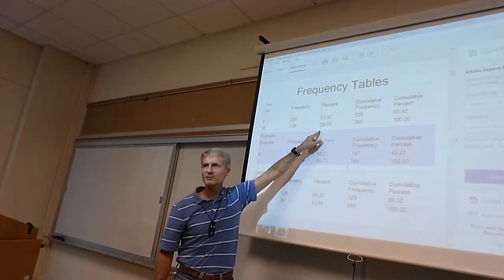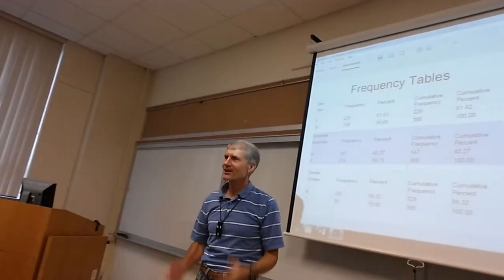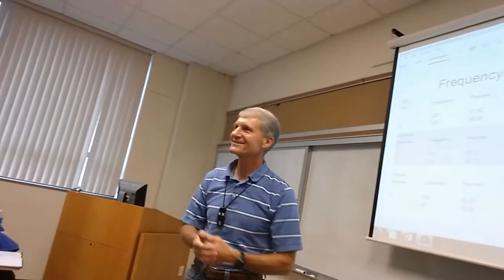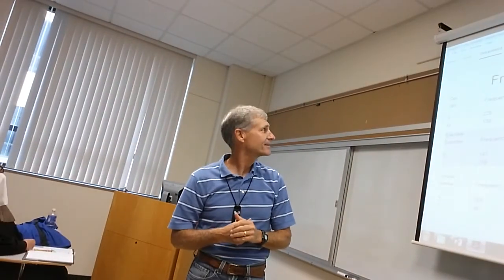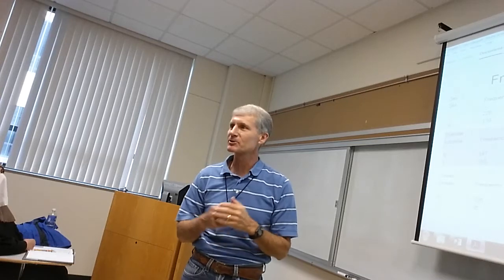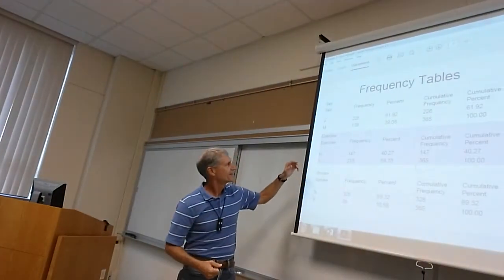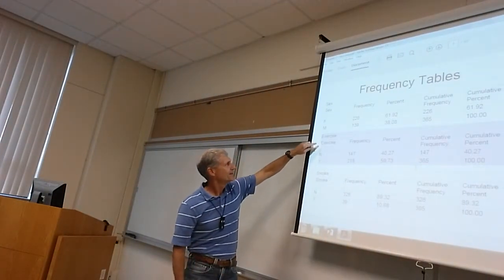But last semester it was 60-40 males, females. Same thing. So guys, take heart. The gender makeup at the university is swinging in your favor. I know, that was bad.